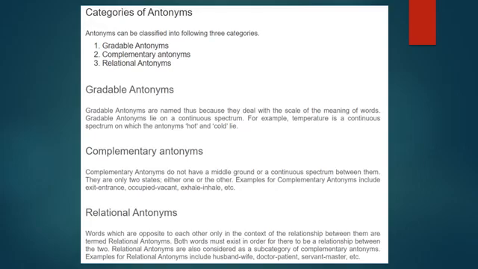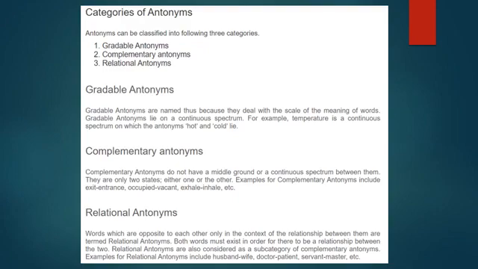Complementary antonyms do not have a middle ground or continuous spectrum between them. There are only two states, either one or the other. Examples for complementary antonyms include exit, entrance; occupied, vacant; exhale, inhale. Now let's see the third one, relational antonyms.